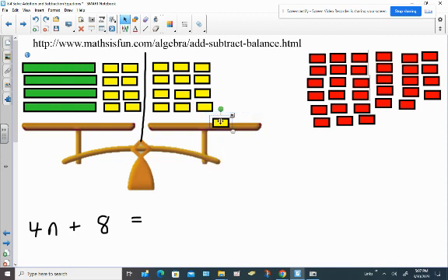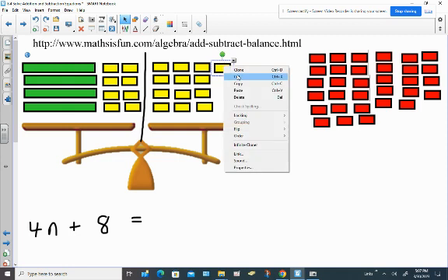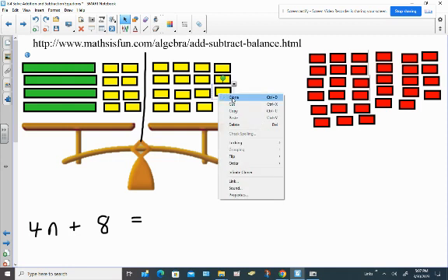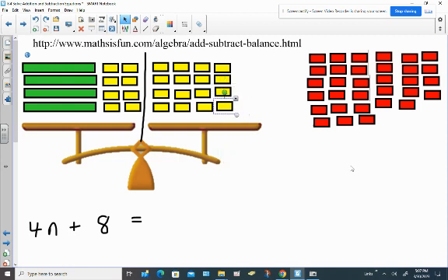And let's put on a few more. All right, so what do we have here? We have 16, right? On the right pan, if we count, it's 4 going this way, so there's 16 there. All right, 4n plus 8 equals 16.